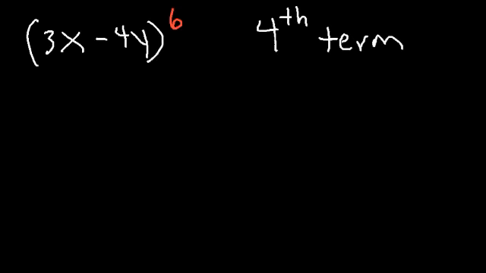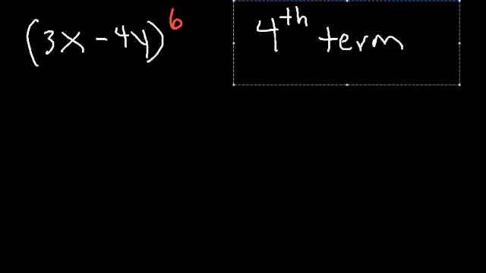Once again, we're going to use the binomial theorem to expand it and just simply find the fourth term. It's going to take some time, but it's going to give us the right answer. And then we're going to confirm that answer using an equation that will help us to get the fourth term only. Instead of writing all 6 terms, it's going to give us the fourth term directly. It can give us any term directly if we want it.